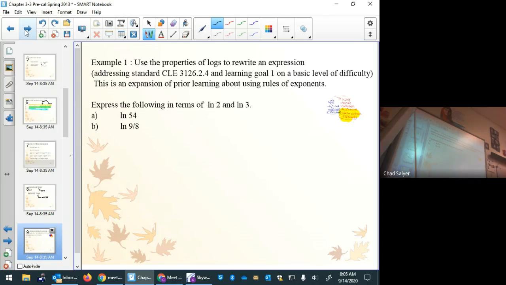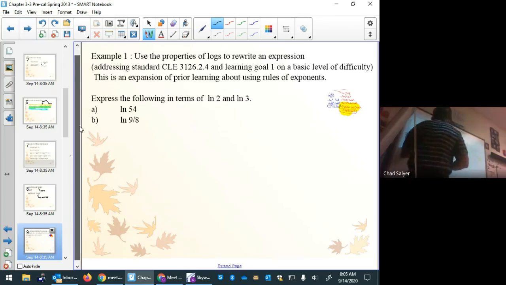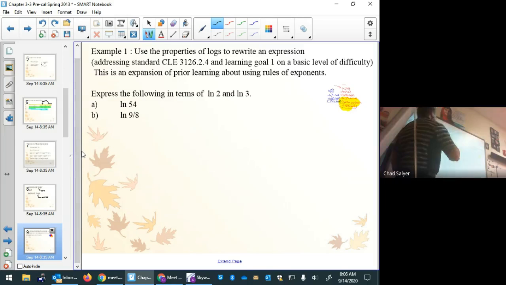You couldn't have a table that would show the logarithm of every value. It'd just be too long. So instead they used prime numbers, and here's why: because you can rewrite numbers in terms of primes. So let's rewrite these two logarithmic expressions in terms of natural log 2 and natural log 3.